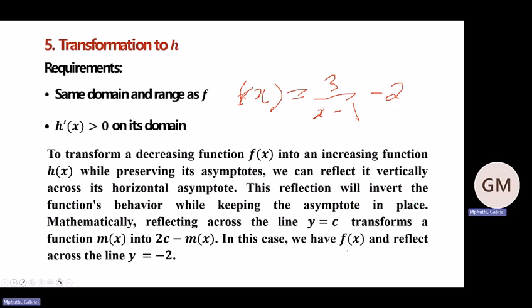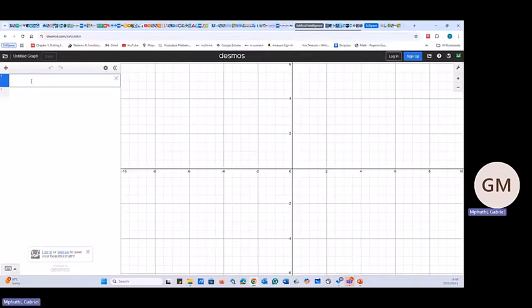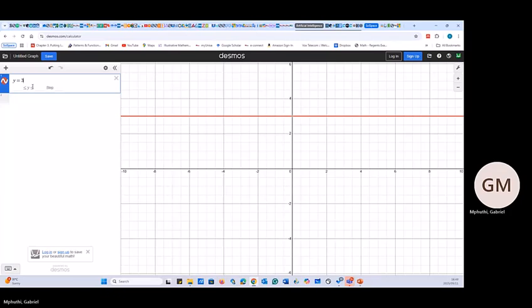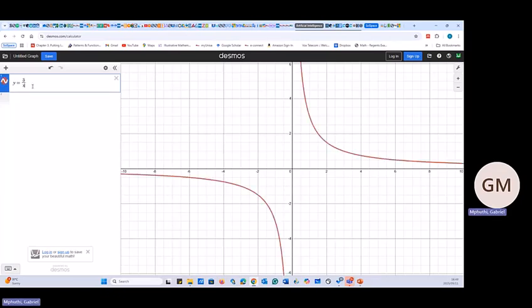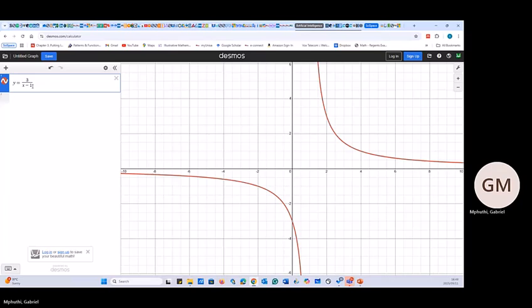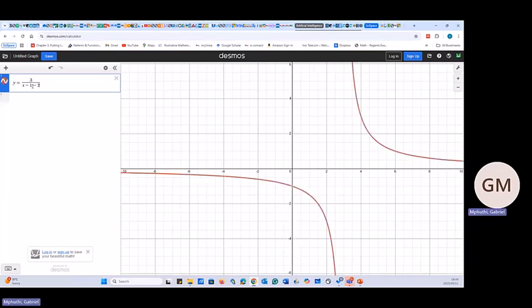To do this quickly, we are looking at f of x equals 3 divided by x minus 1, minus 2.